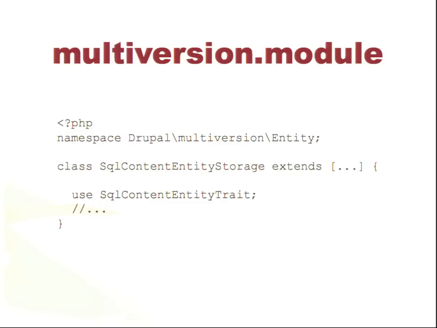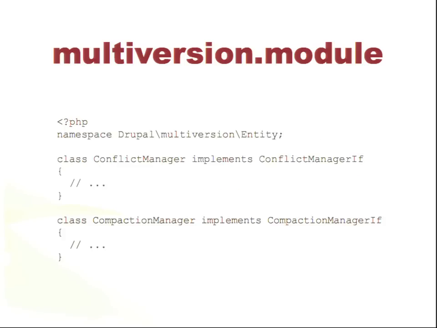So, for instance, the MongoDB storage controller can just reapply this trait and get all the benefits of what we're doing here. And then to what we just covered here, there are two other important services. We have a conflict manager and a compaction manager, both dealing with conflicts and the compaction things that we just talked about. And these you can swap out in the container if you want to.